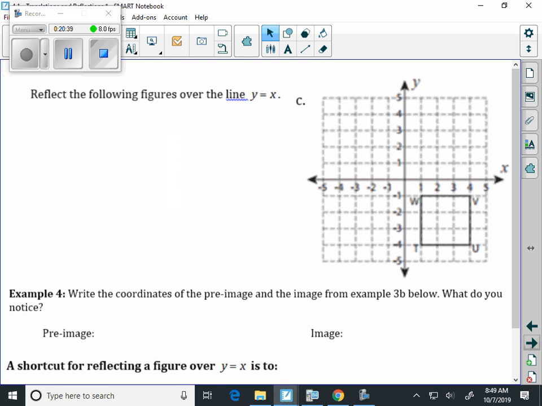As we get close to finishing here, let's reflect this square over the line y equals x, from the lower left to the upper right.